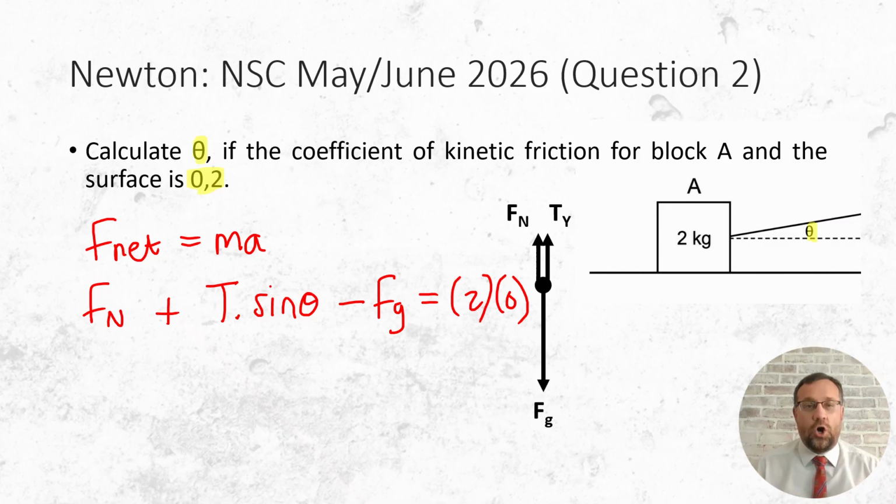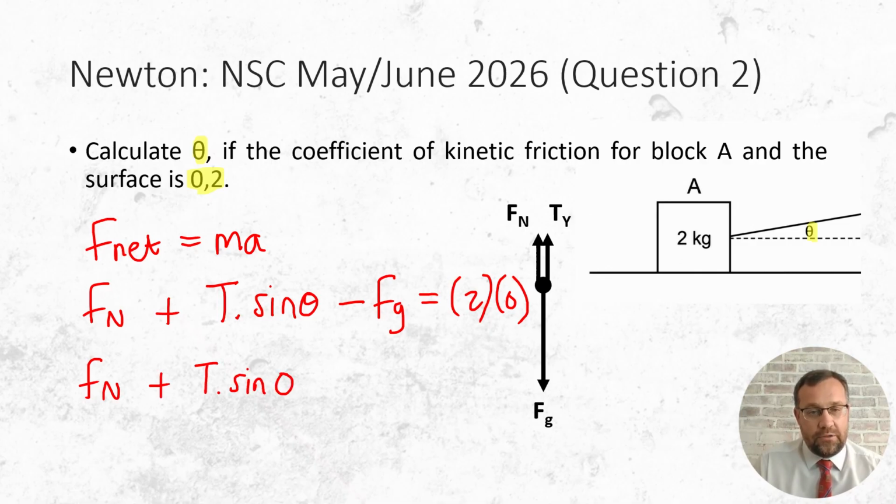It's staying on the surface. Now, if we simplify this equation, it becomes Fn plus T times sine theta minus mg equals 0.